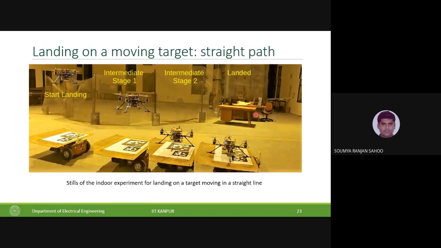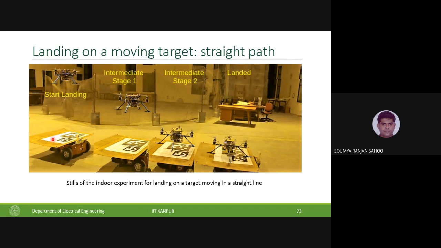I think I should have some plots. So these are again stills from the video that we were taking. This is where the landing started. This is just the intermediate stage. So it is very close to the platform now in stage 2, and finally the quadrotor has landed. This is an autonomous ground vehicle that we have in our lab, which was being used for a ground vehicle competition.